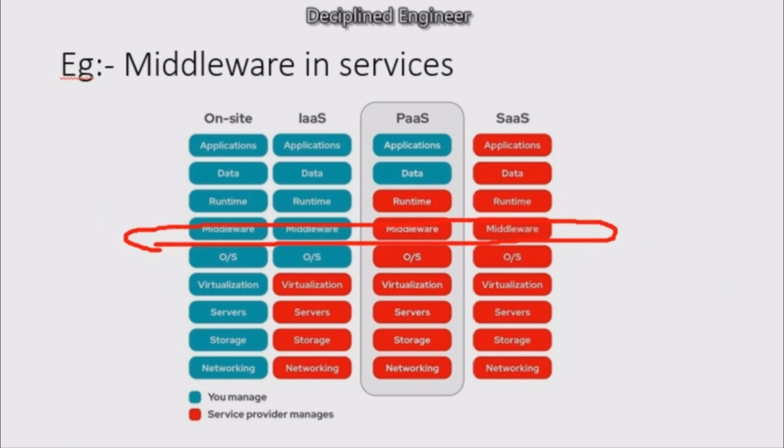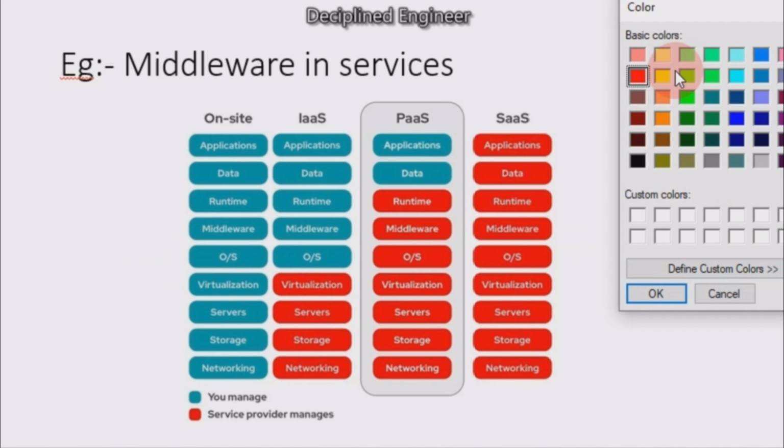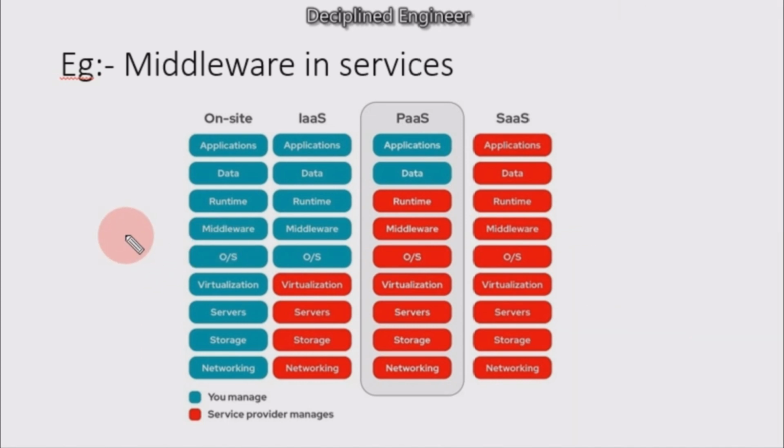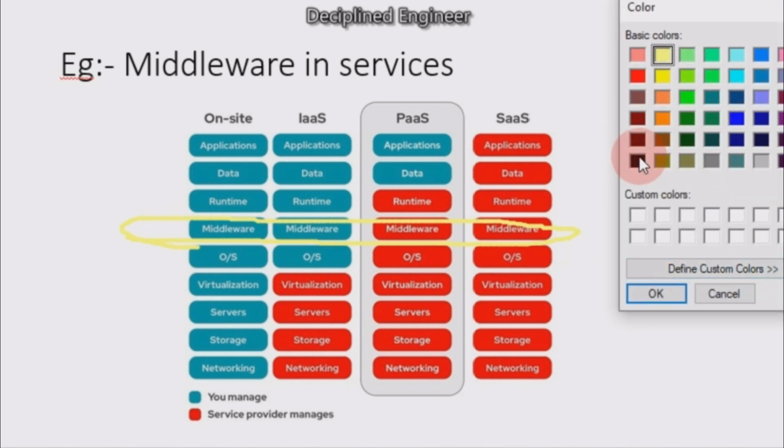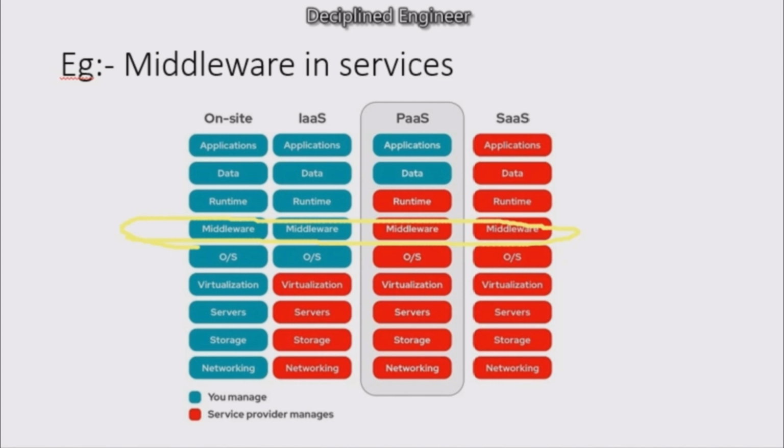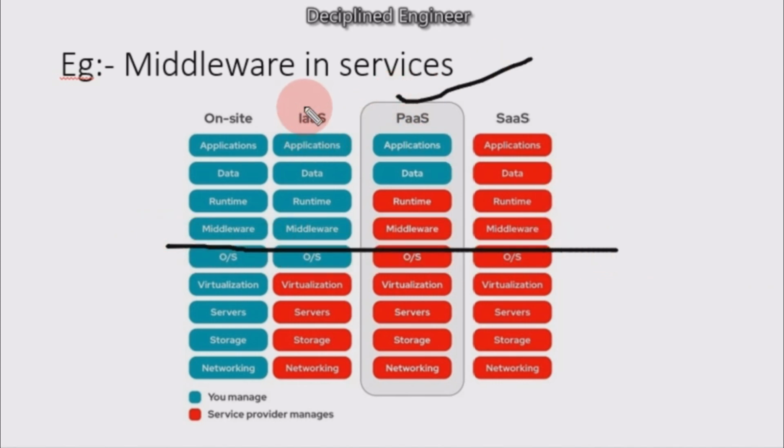They expose APIs to the resources and to the developer, and all the managing of middleware and hardware is done by the service provider. He manages and maintains all the systems.